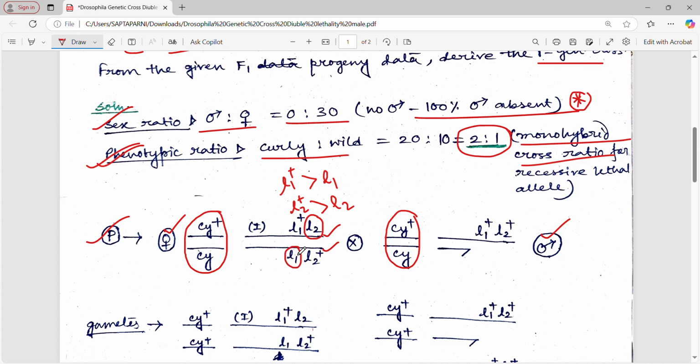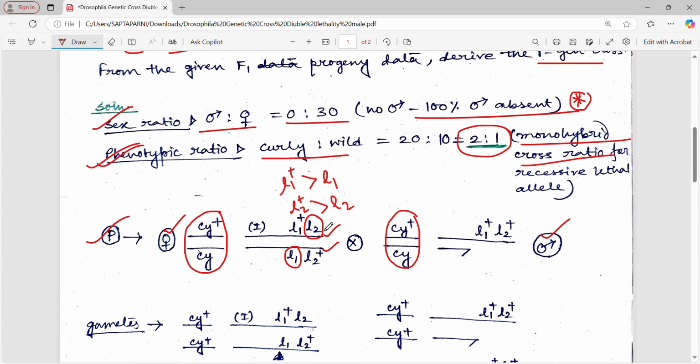So obviously, why is this mother viable, though there are two mutant lethal alleles present here? Because though there is L2 on this chromosome, its complementary allele L2 plus is present on its homologue. That is how L2 plus provides the protein that is not produced by the L2 mutant allele.